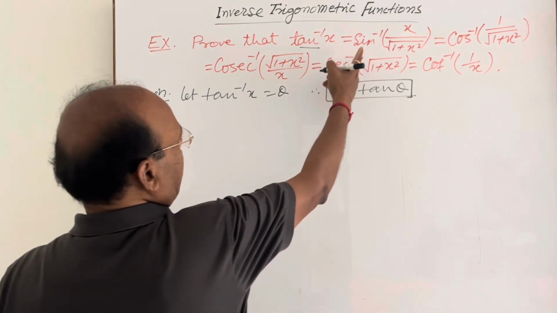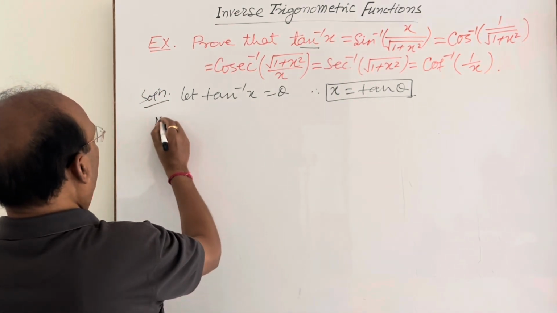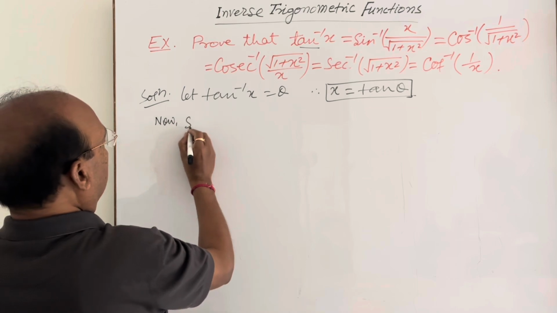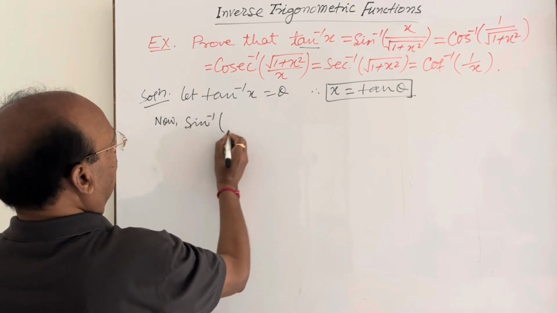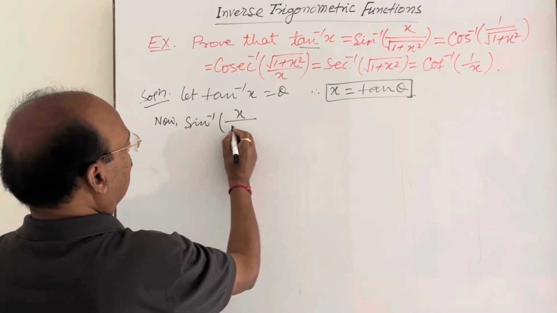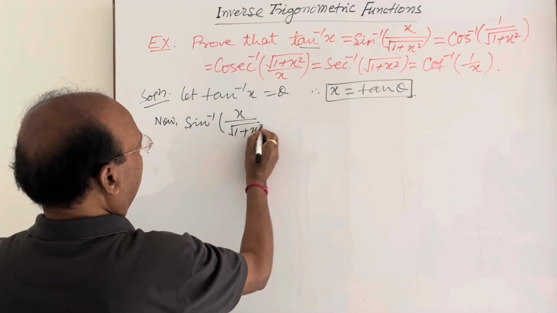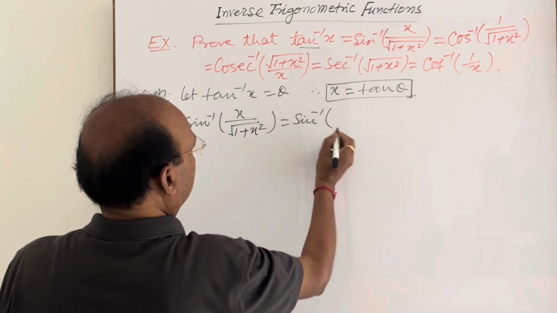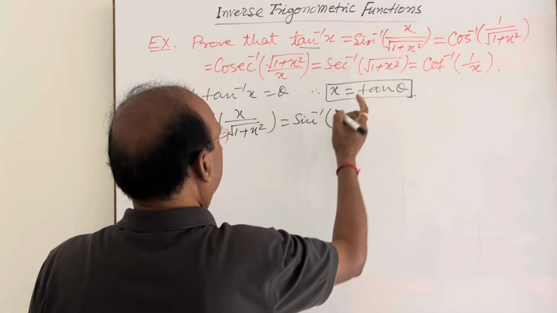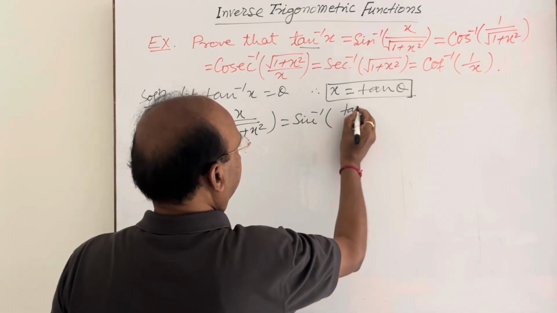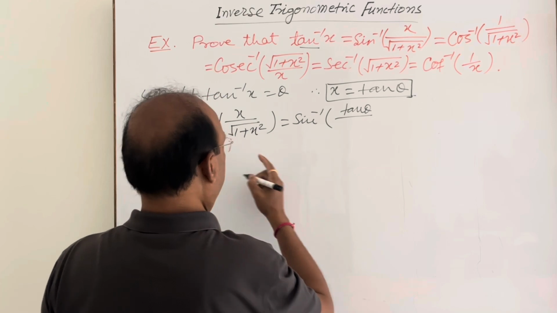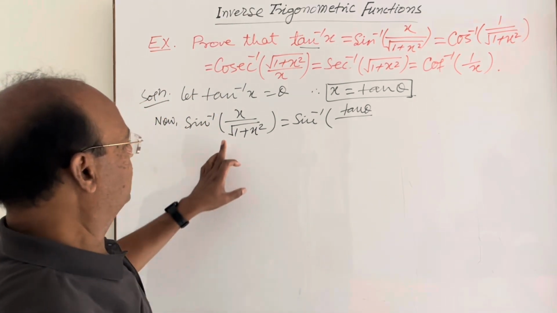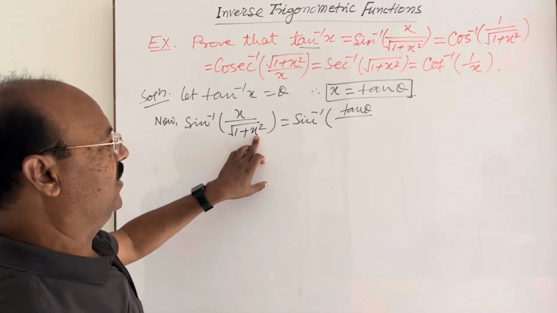Now we will take this one. Sine inverse of x by root over 1 plus x square. This is equal to sine inverse of x is tan theta divided by root over 1 plus tan square theta.